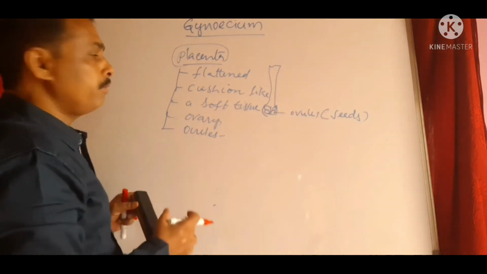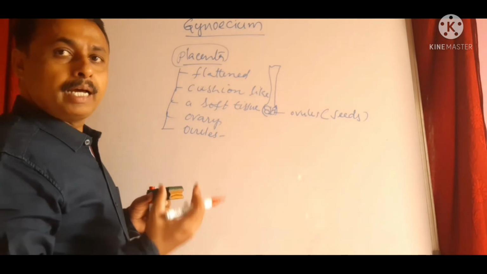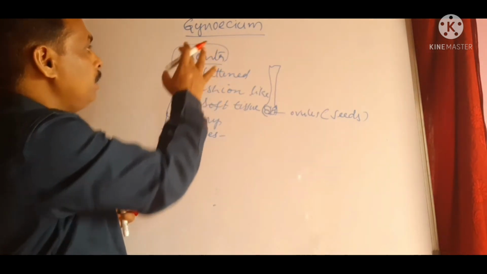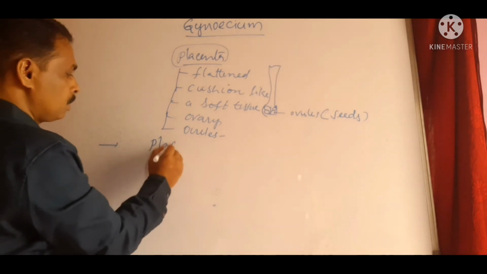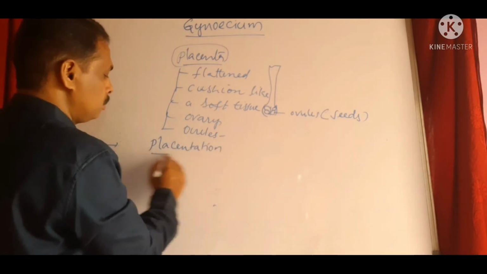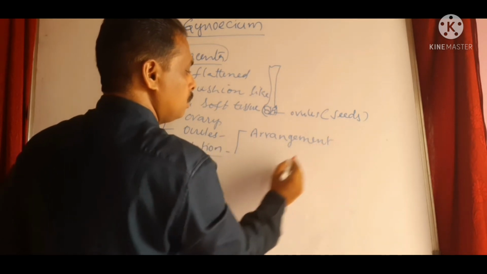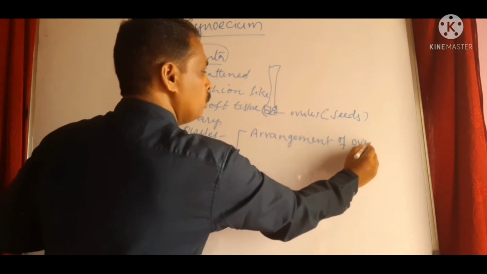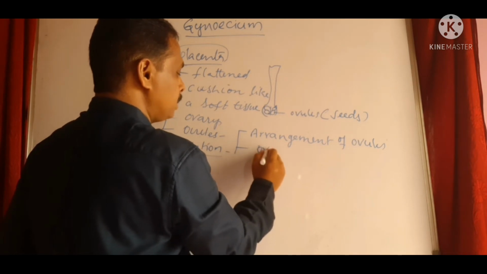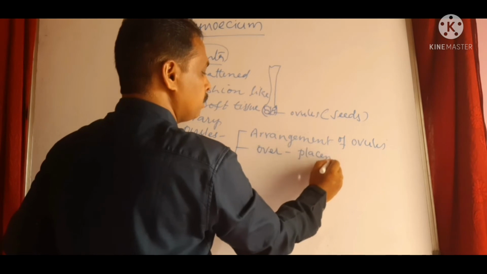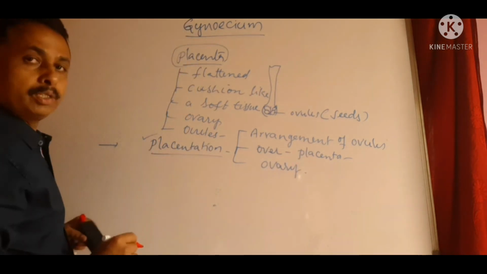Like that, we have a tissue which is called placenta, and here we have discussed that the arrangement of ovules over the placenta in an ovary is called placentation.